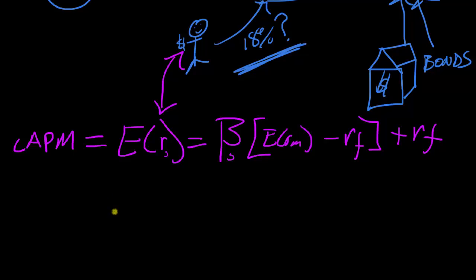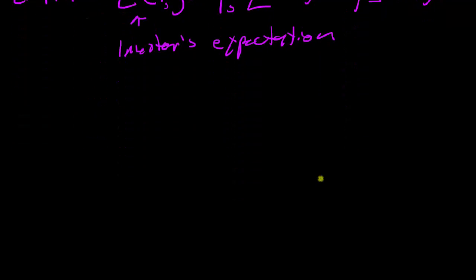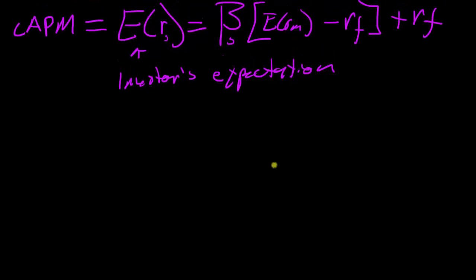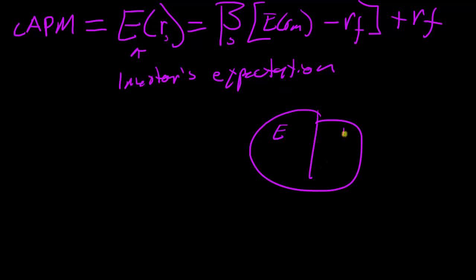What will the investor get if they invest into the stock market? As such, this is the investor's expectation for their return. And if I have a capital structure that has equity and debt, and I'm asking myself, what is the requirement from the investor?